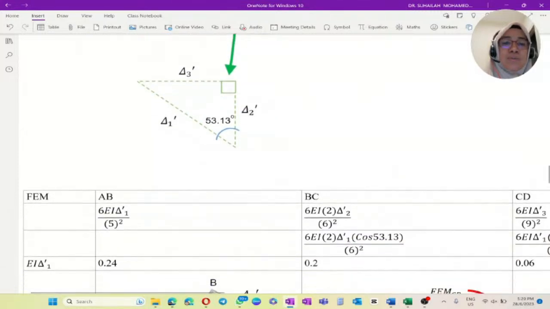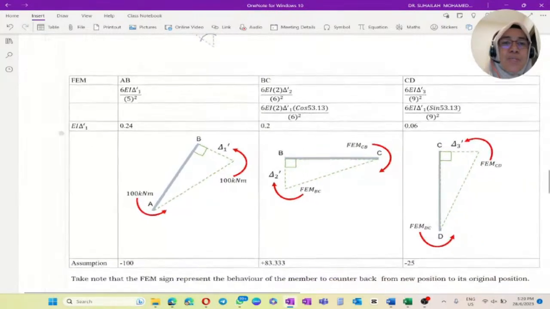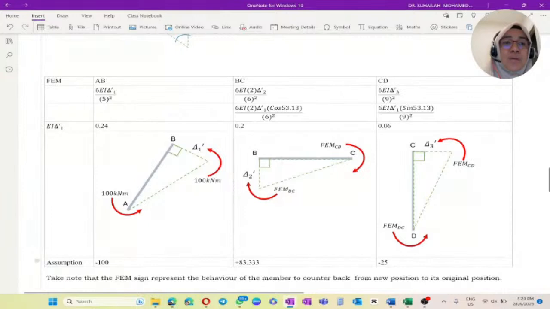So the FEM that we assume is only one. We assume negative 100 for member AB. Due to this value, we have to find the values for member BC and member CD, which are proportional. We calculate based on the formula 6EI delta over L squared.